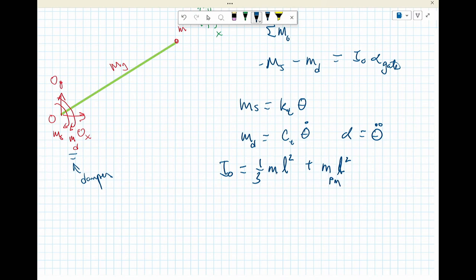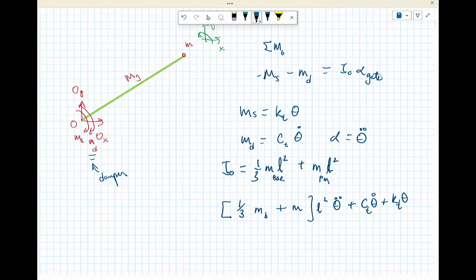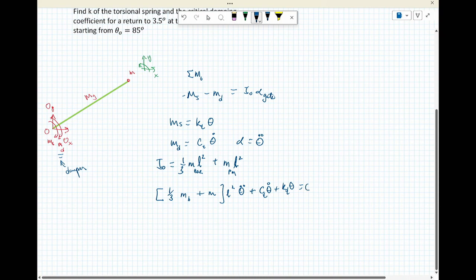I really should use better notation. And I'm going to just say that that is 1/3 mass of the bar plus mass times L squared theta double dot plus C_T theta dot plus K_T theta is equal to 0.